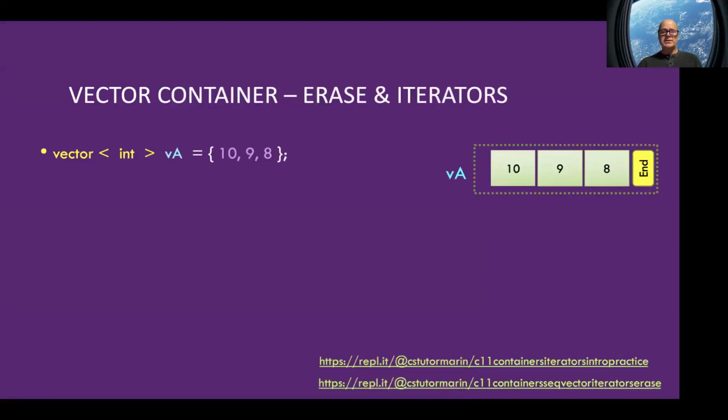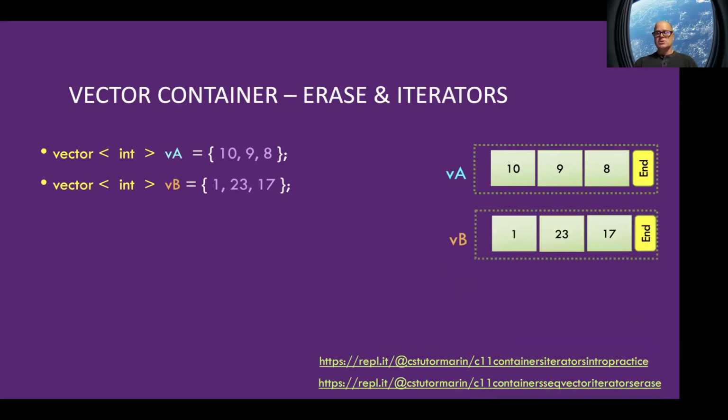Now, if we want to erase stuff, I mentioned that one of the reasons these iterators are so useful is that they allow us to erase relative to the beginning or end. So sometimes if we're doing multiple erases, the index numbers would change. Like what was in the number 2 position might no longer be in the number 2 position.